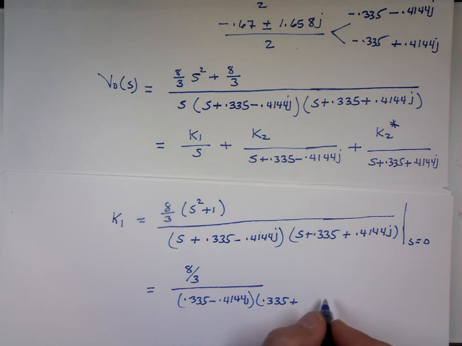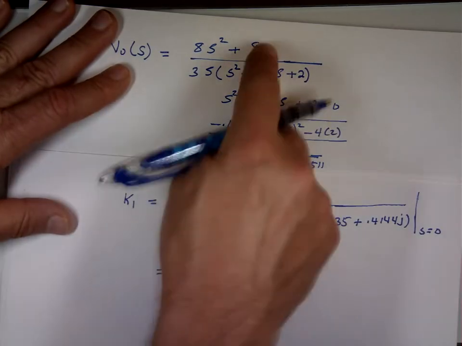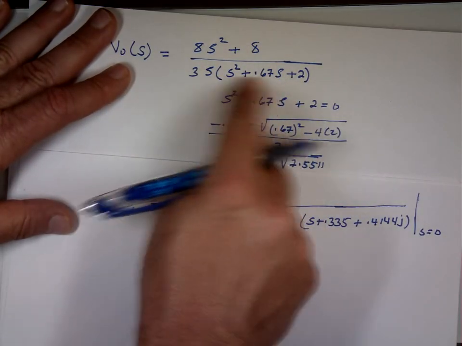I'm not sure I get that crazy answer. Because this is this over this, if S is 0, right? I'm taking this S out. It's going to be 8 over 6.